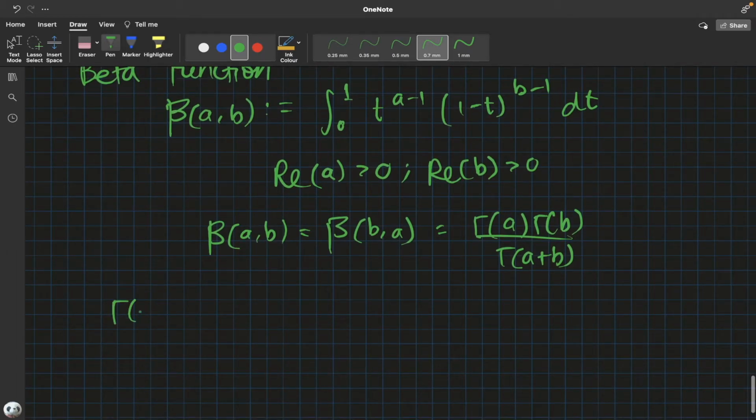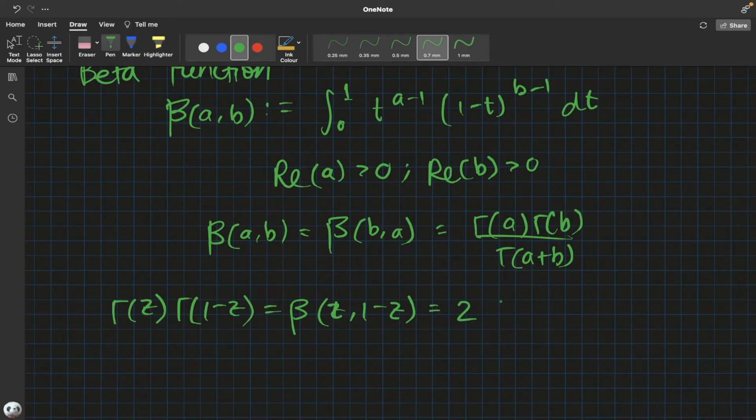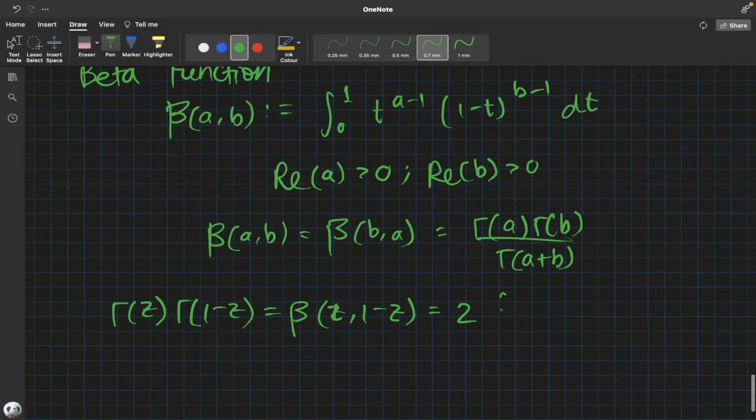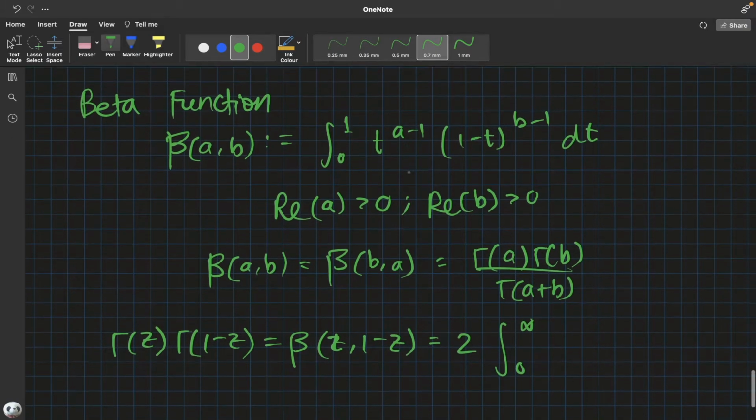So this really helps us to give us this formula, because gamma of z and gamma of 1 minus z is beta of z, 1 minus z, which is 2 times this integral, where I've cleverly used the substitution.